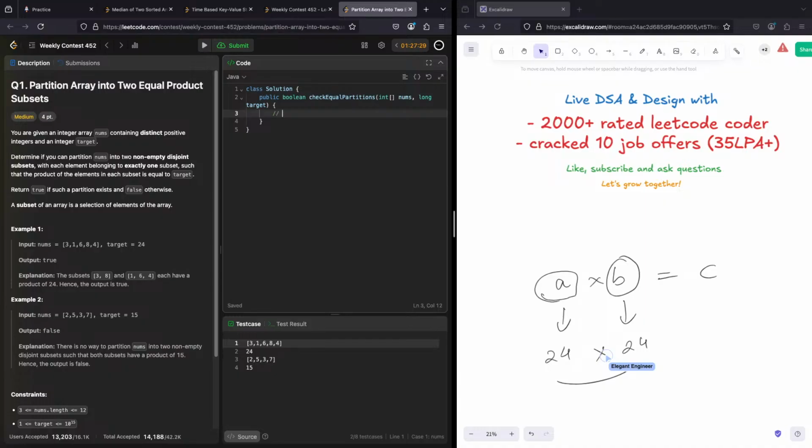So I think it could be two things. You should check two things. First, the size should be more than 1. Okay, one thing is that constraints are very small.